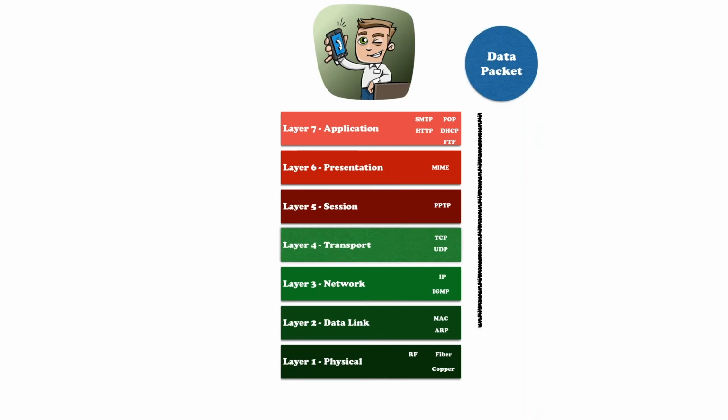Well, it travels downwards. It's the only way it can travel from here. It goes from layer 7 through to layer 6 to layer 5 and so on and so forth. And as it moves down through the OSI model of the host, which in this case is your phone, so this is your mobile phone's OSI 7-layer model.